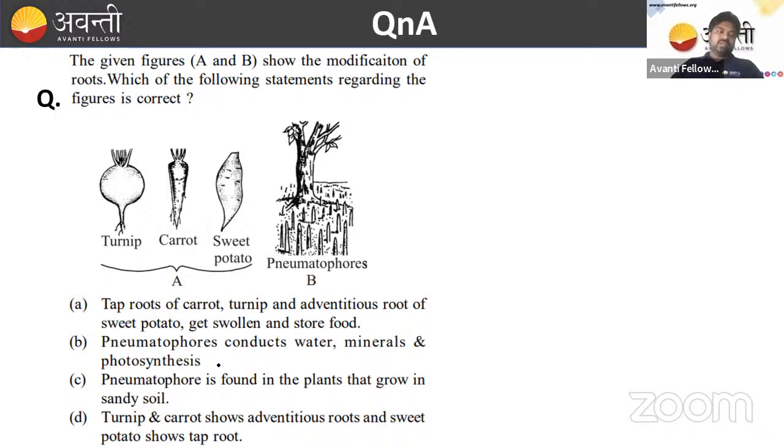Option B: pneumatophores conduct water, minerals, and photosynthesis. Option C: pneumatophore is found in plants that grow in sandy soil. Option D: turnip and carrot show adventitious root and sweet potato shows taproot. You have 1 minute to solve this question.